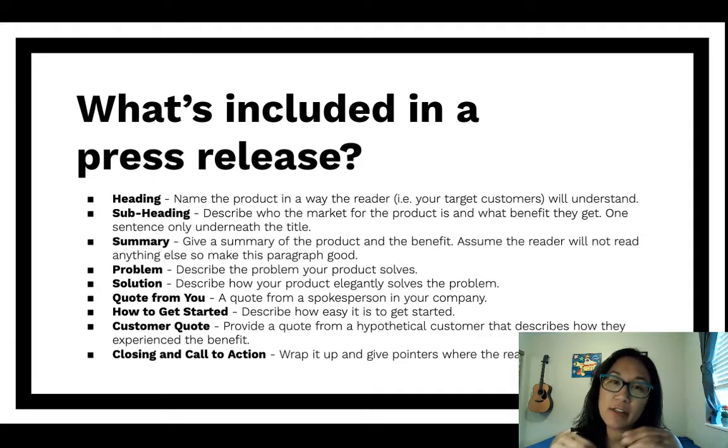Following the headline, we include a subheadline, which essentially describes what that product is. Again, it's a subheadline, so it's pretty short. We don't want to write a paragraph for it, but we want to explain as clearly as possible what this product is, who it's for, and what it's meant to do.